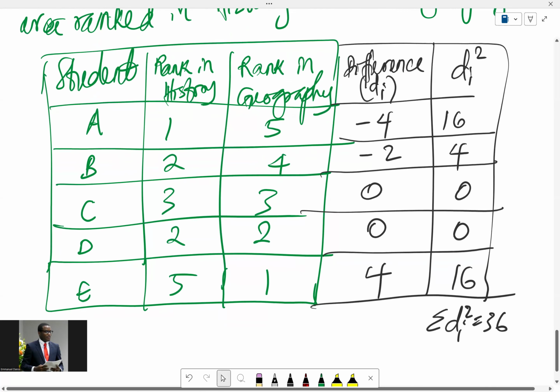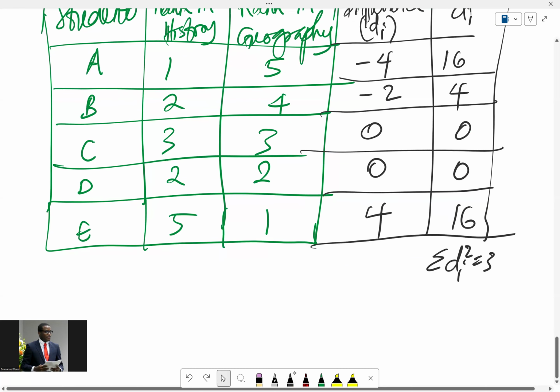Is it 36? How come it's 40 here? Okay, that's my fault.